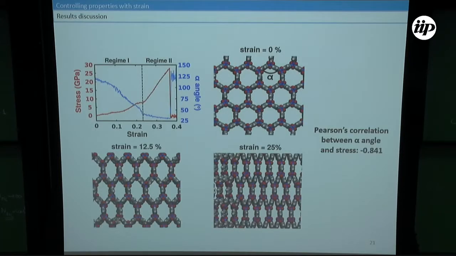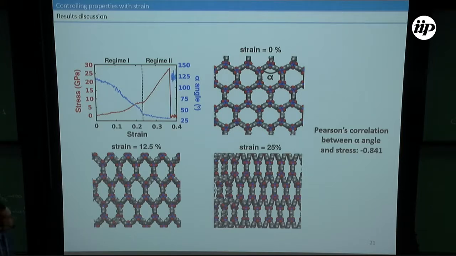So if you compare this angle alpha, and I'm plotting here in blue the changes in this alpha angle as you increase the strain in the material, you see that there are two regimes in this curve.